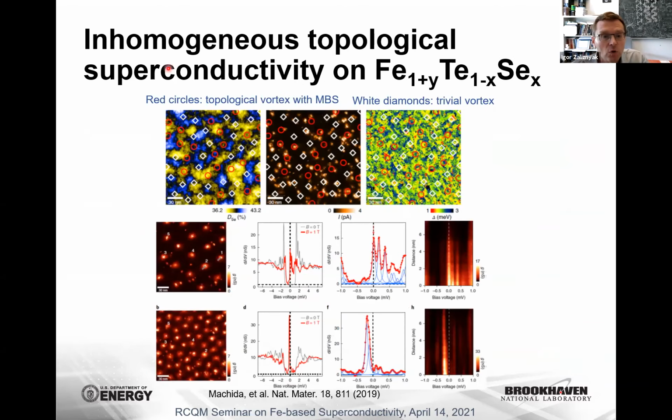Now, another work actually mapped the distribution of trivial vortices, which are shown by white diamonds here, and topological vortices with Majorana bound states, which are shown by red circles here on the surface of the superconductor. So what was observed is that this topological surface superconductivity seemed to be strongly inhomogeneous. So it presented really a puzzle.